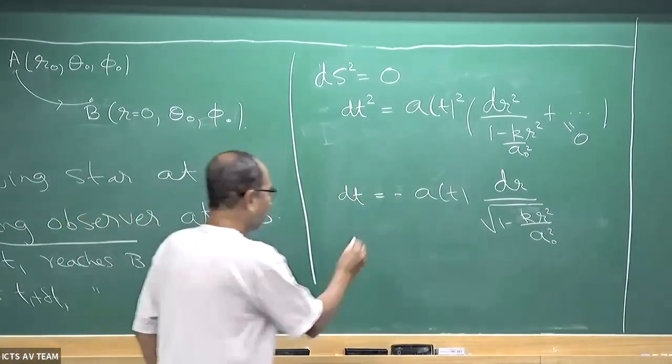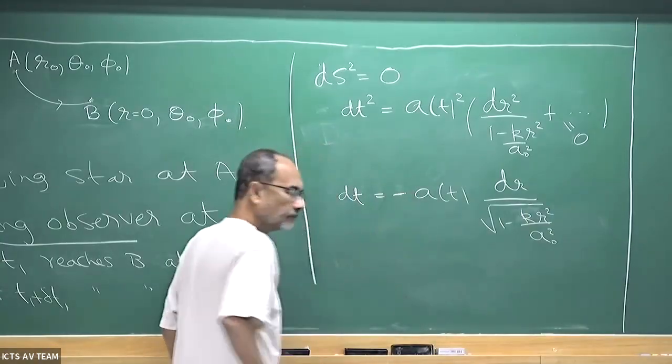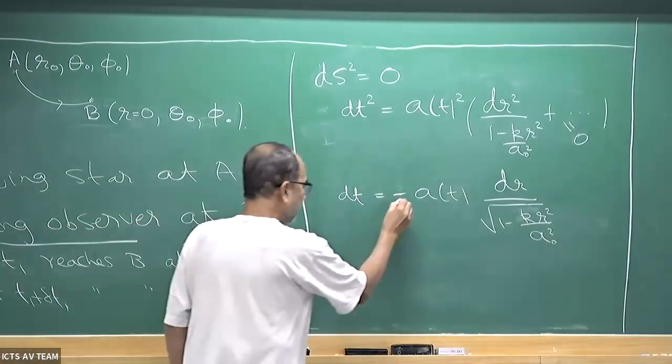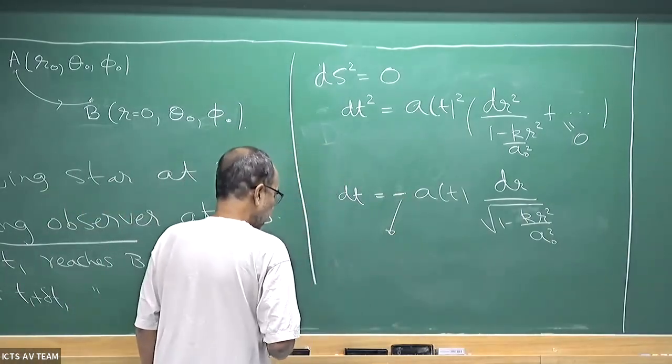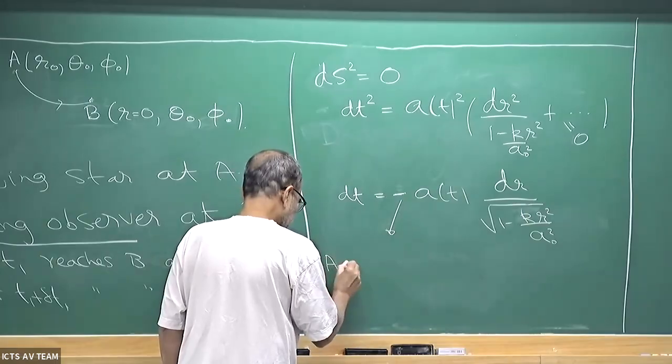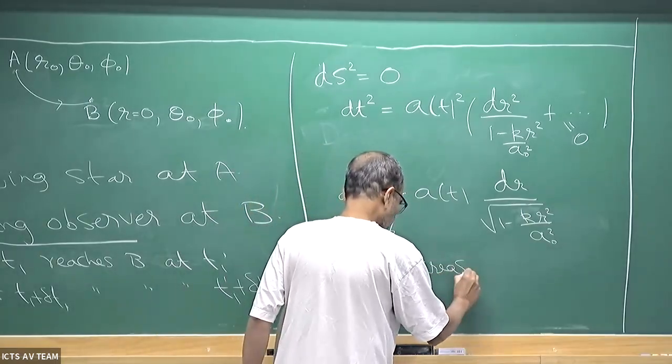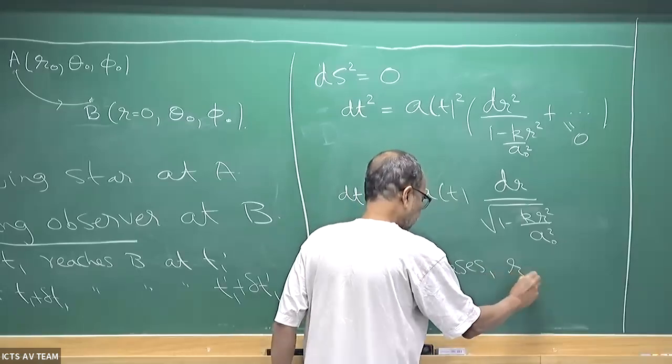Now notice that I have put a minus sign. This minus sign reflects that as t increases, r decreases.